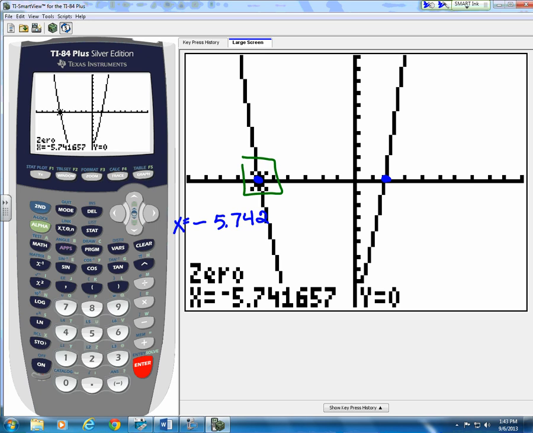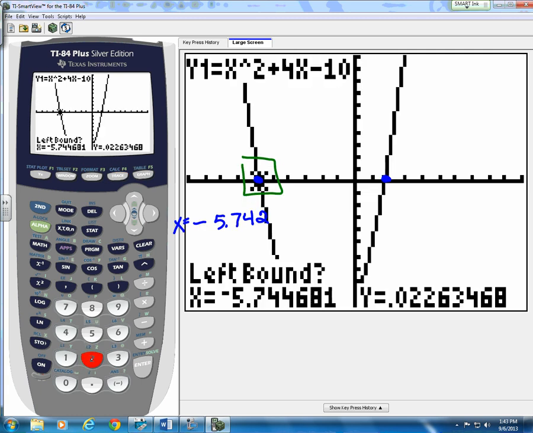I'm going to also go over to the right one, second calc 2. Now our left bound is going to be below this time. Whoops, I hit it too many times. I knew that I was going to do that.